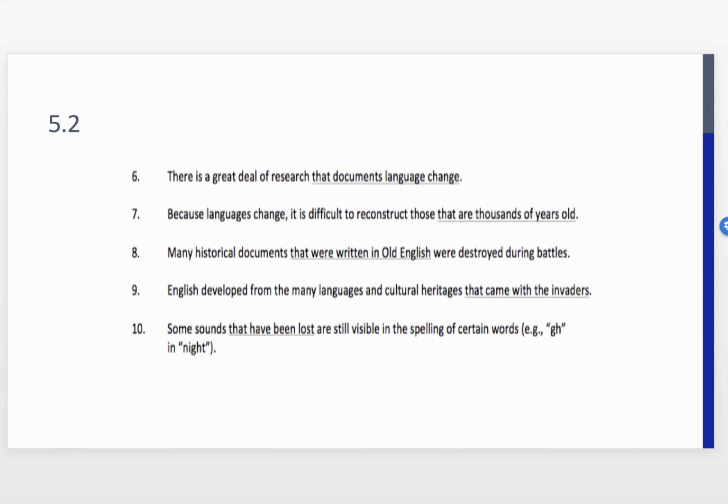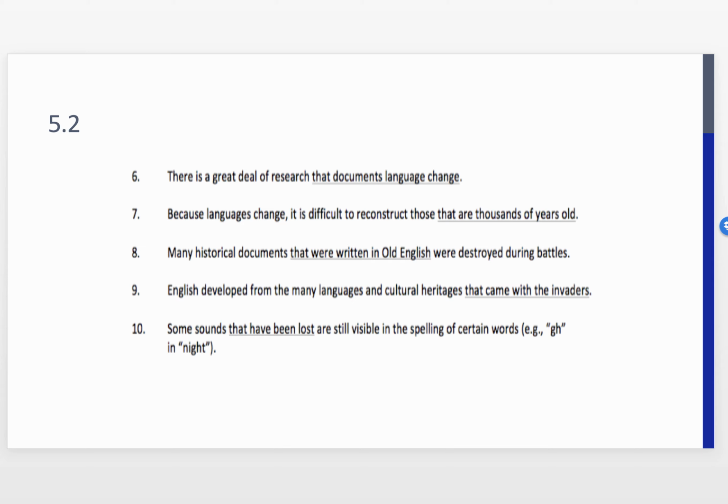So in 5.2, the book asks us to identify the adjective clauses in these sentences. So we can see in number 6, there's a great deal of research that documents language change. So these are somewhat simple to identify.